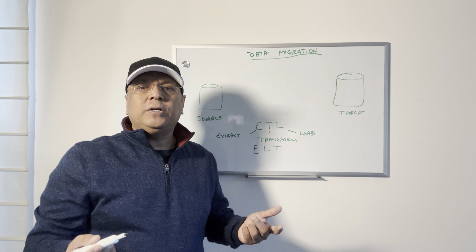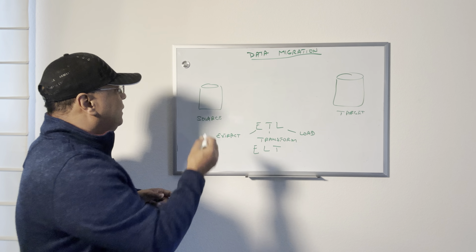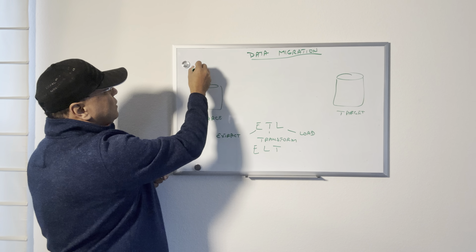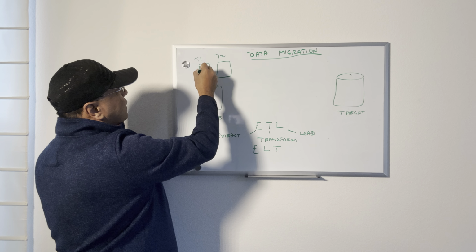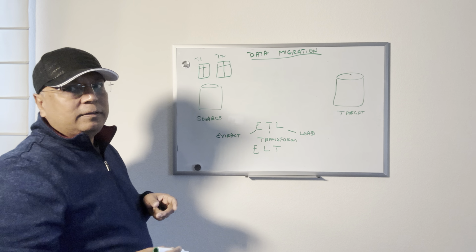So what does transformation really mean? Let's have a quick look at it, okay? So in the source system, there'll be a bunch of tables. So let's just create two tables. So table one, table two. Now there will be some fields or columns in this table.